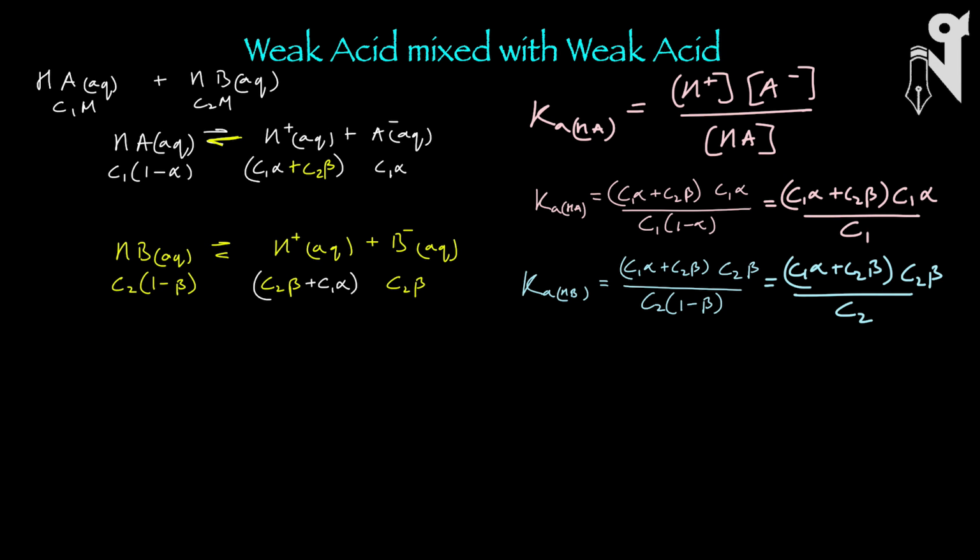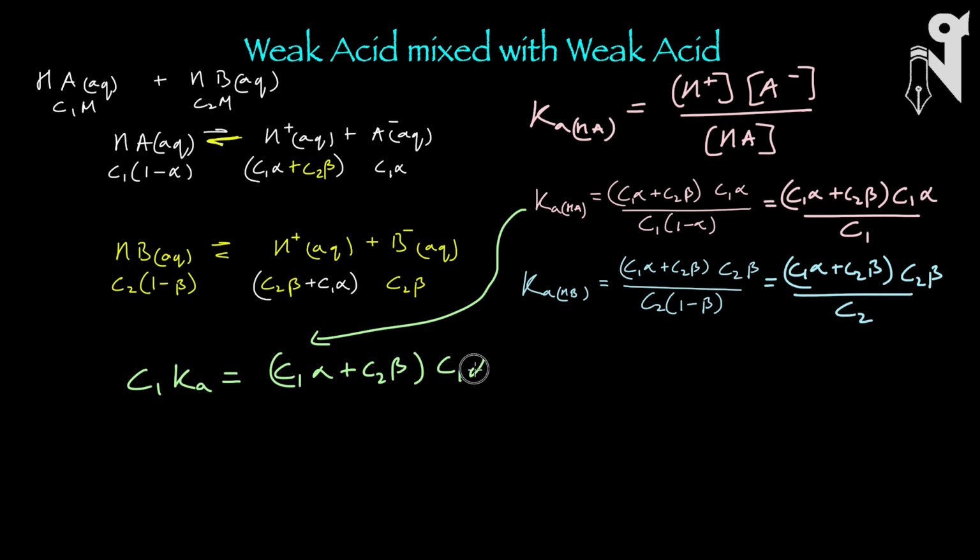From this equation, what I have is C1 times Ka is equal to C1 alpha plus C2 beta times C1 alpha. And from the other one, what do I have? From the other one I have C2 into Ka, this time of HB, and the previous one was Ka of HA.